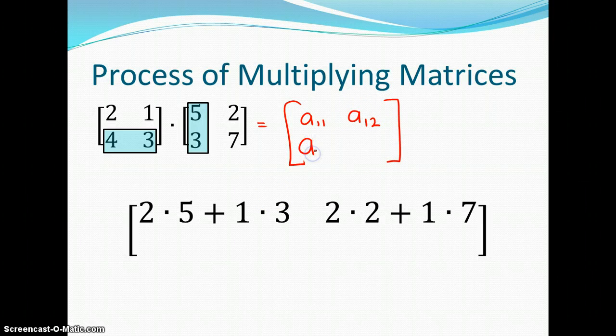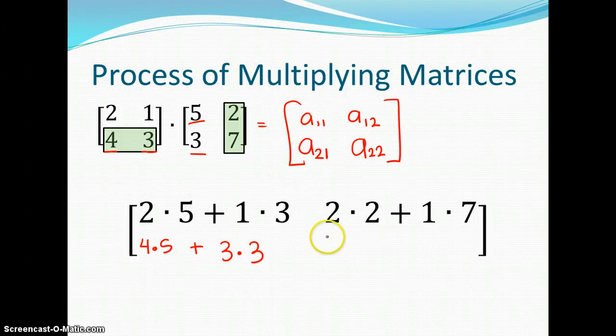Now we're moving down to the bottom row because we're in the bottom of our answer matrix, in row 2 and column 1. So the dot product here would be first elements multiplied added to the second elements multiplied. Row by column, our last entry, A22, you want to use row 2 and column 2.